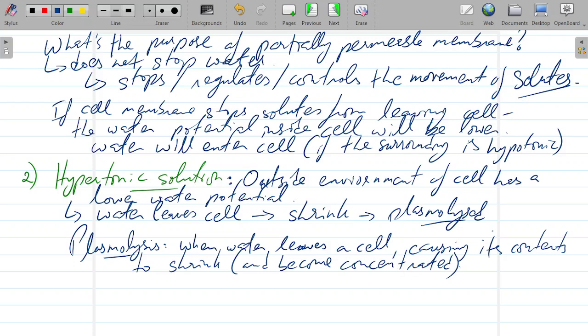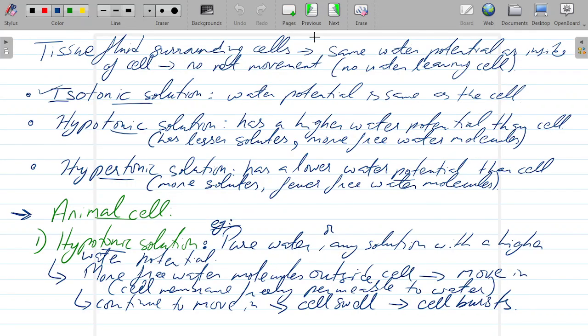There's no water, and we know water is important for life. 75% of the cell is water. If water is leaving, the reactions that are supposed to be taking place in an aqueous environment will not occur, and so the cell will die. So in both cases, the animal cell is dying.